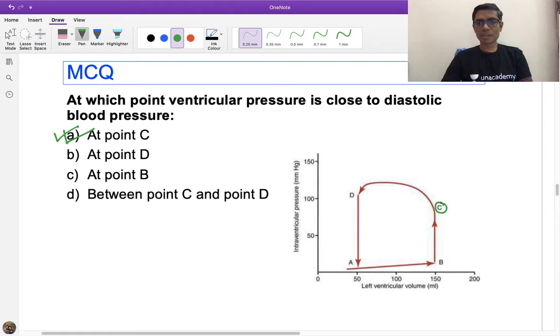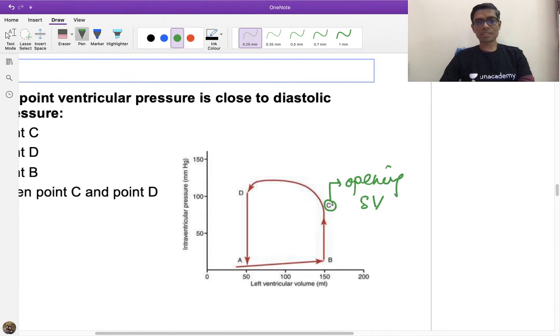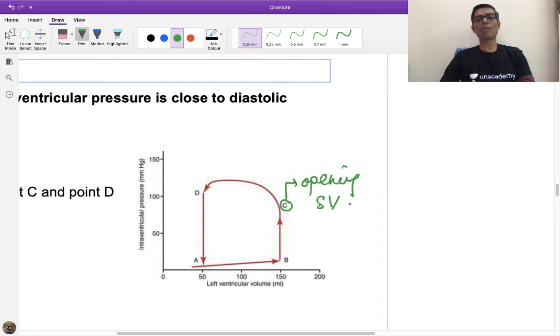Because this is the point where there is opening of semilunar valves. Opening of semilunar valves, right? It's not option D. Just remember this C point is the opening of semilunar valves.